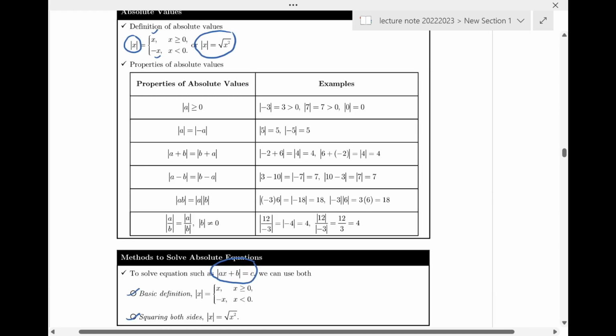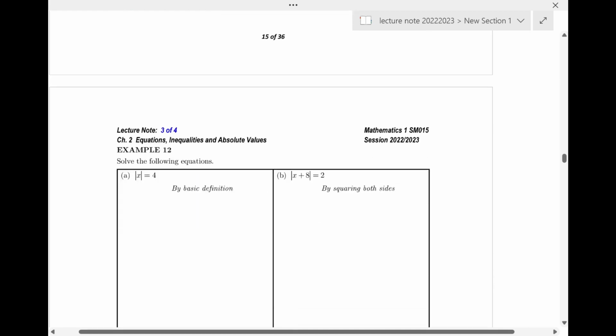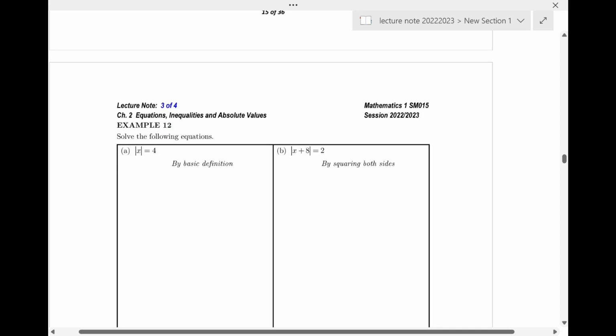So first off, we go to example 12, part A. Solve the following equations. Modulus x equals 4. First they ask us to solve this by using the basic definition. Remember, with the basic definition, we have positive and negative meaning of modulus x. So I rewrite modulus of x equals 4.